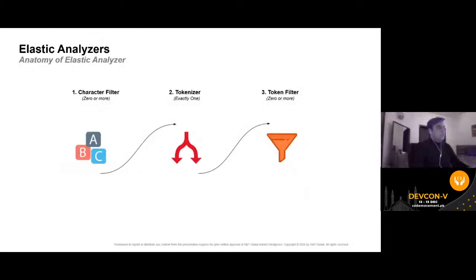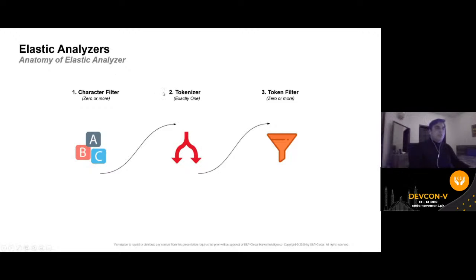Now let's look at what exactly is an analyzer. An Elastic analyzer comprises three main components: character filter, tokenizer, and token filter. That's it. These three things jointly define an analyzer. An analyzer can have 0 or more character filters, which means that a character filter is optional, but usually you need it.